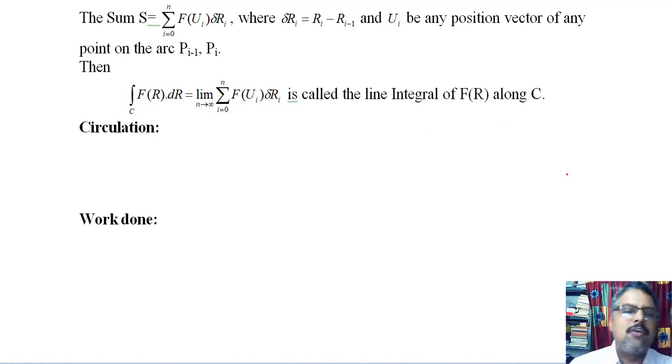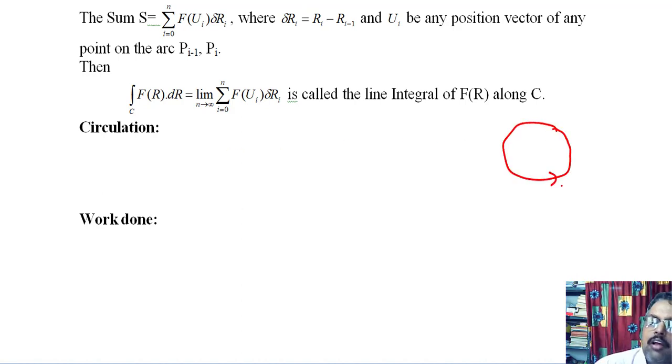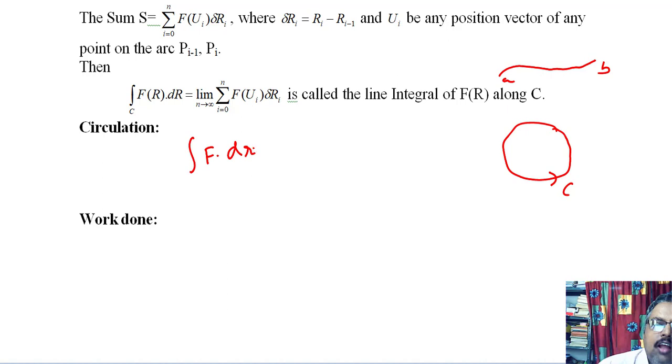Now what about the circulation? In the previous example, the curve is not closed, just some curve from A to B. If the curve is closed, then the line integral of f dot dr is called circulation.